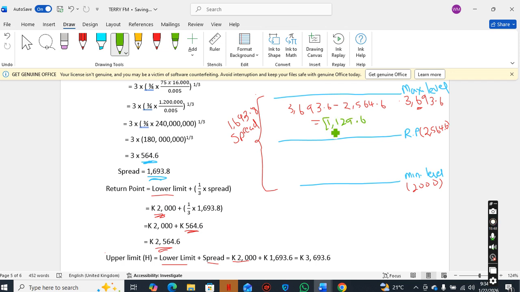So this is the amount of money that you must invest in the short-term marketable securities. If your money reaches 3,693.6, you need to invest 1,129.6 in short-term securities so that you return back to 2,564.6. Any questions on that?